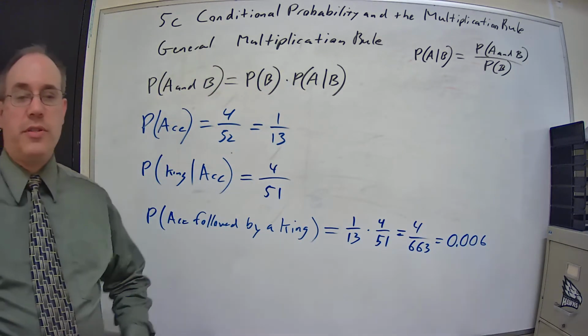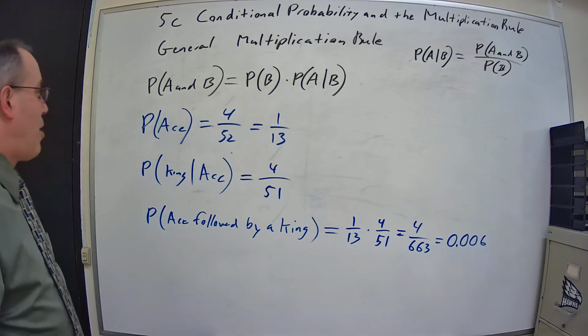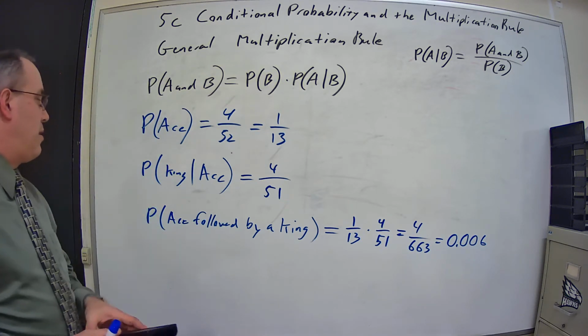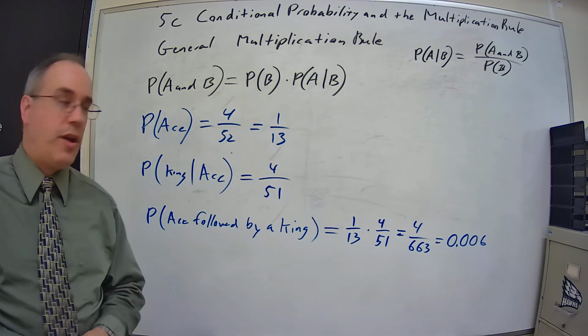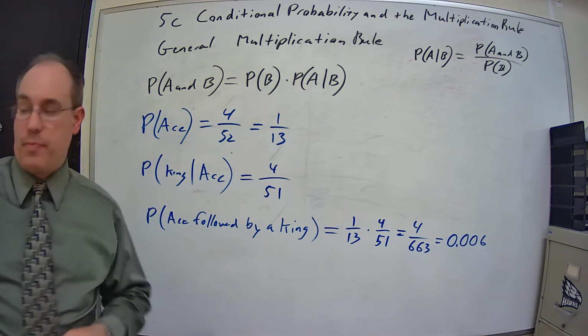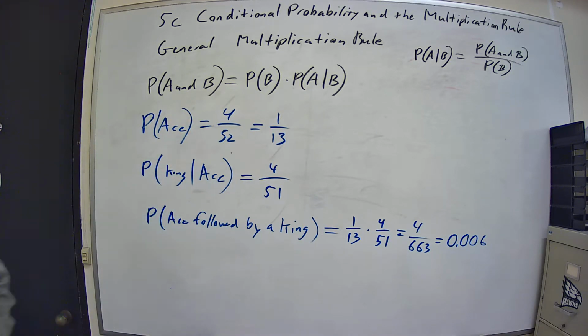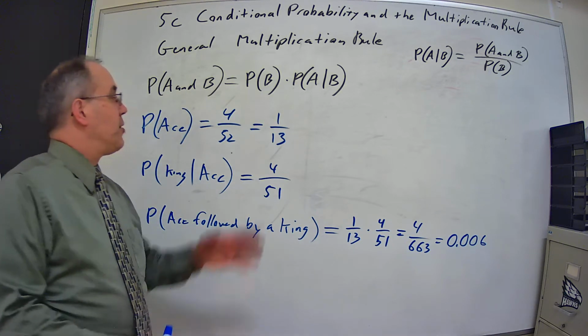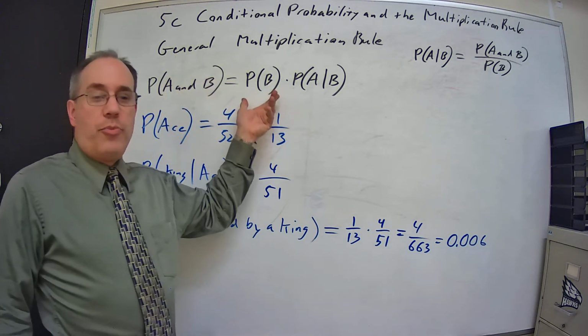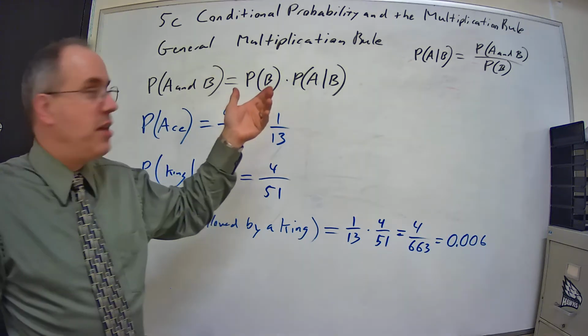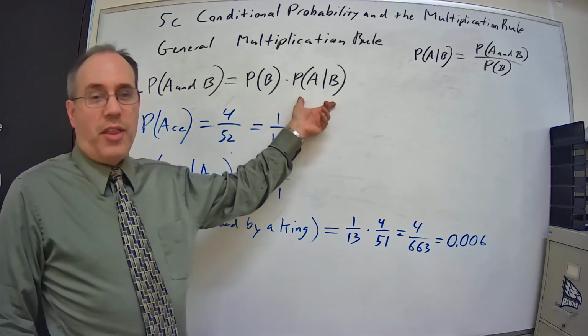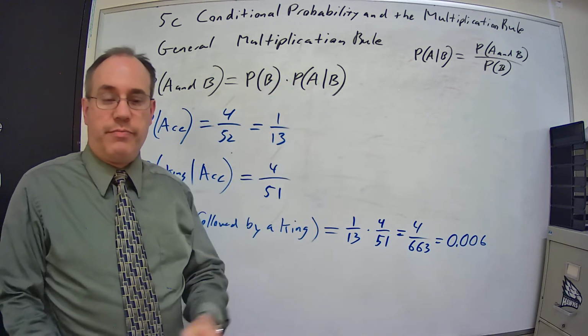So approximately 0.006 is the probability that I pull a king followed by an ace. Sorry, an ace followed by a king. Make sure we answer the correct question. But it just says, what's the probability of the first event occurring multiplied by the probability the second event occurs?